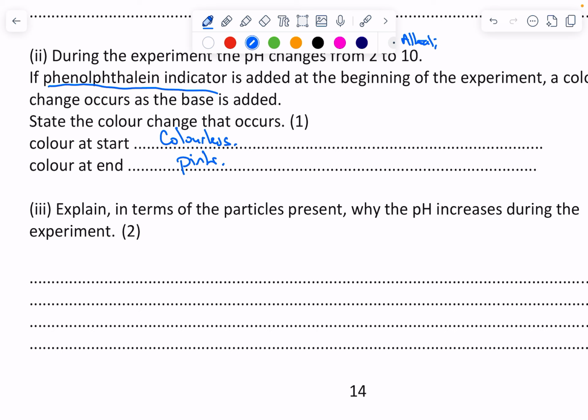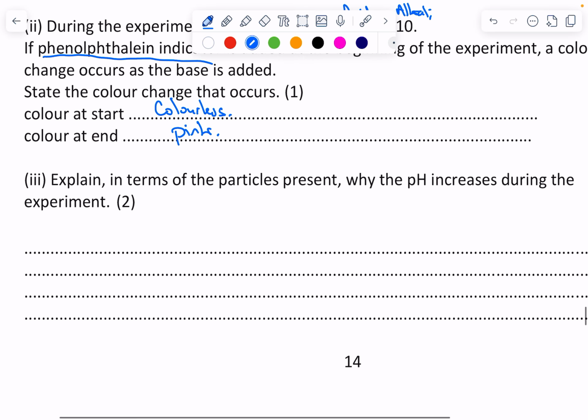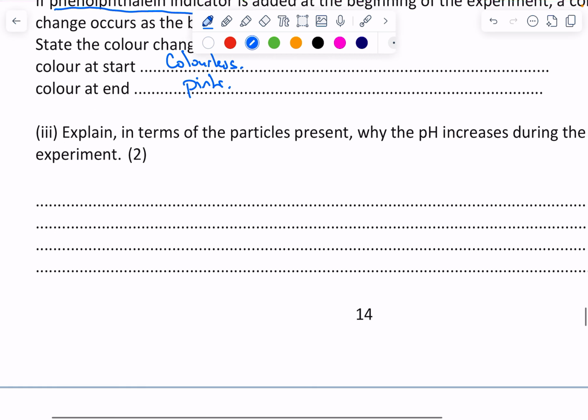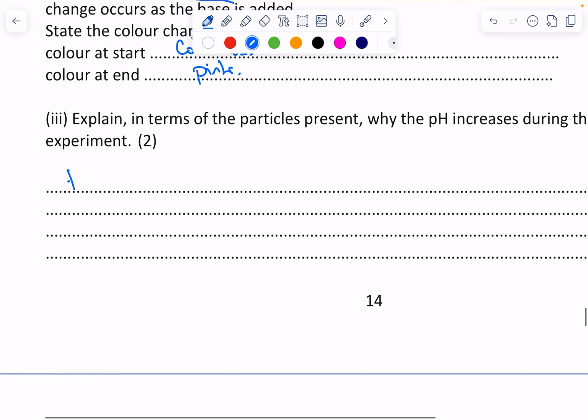Okay. Next one, explain in terms of particles why the pH changes during the experiment. So at the start, you have got lots and lots of H plus ions, okay?